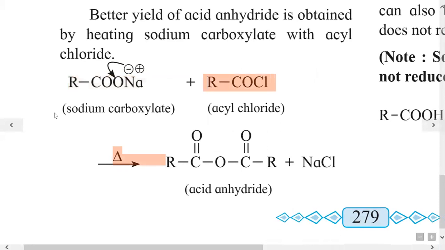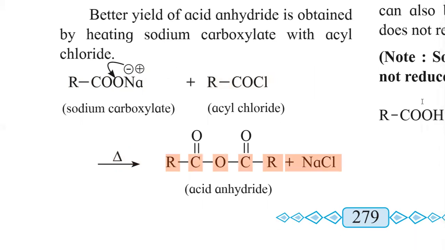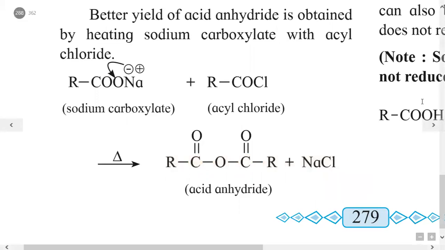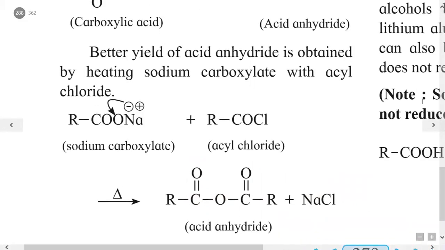When treated with acid chloride, RCOCl, on heating, the side product obtained is NaCl, and the main product in this reaction is acid anhydride, having the general formula RC=O, OC=OR. So a better yield of this product is obtained by using these starting materials.